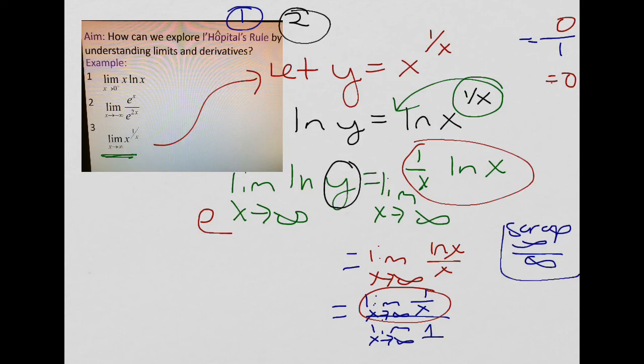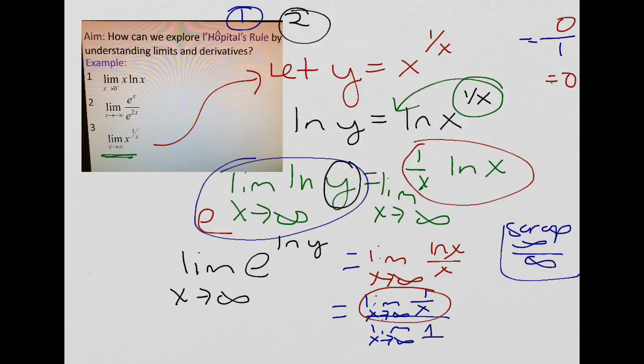If we think of it that way and take the limit as x approaches infinity, and we do e of that, its answer is the same as if I were to switch this and do e to the ln of y. So that's the same as just x. The limit of x as x approaches infinity is infinity, just as much as this right here would turn out to be infinity if y was x. So just an explanation there.